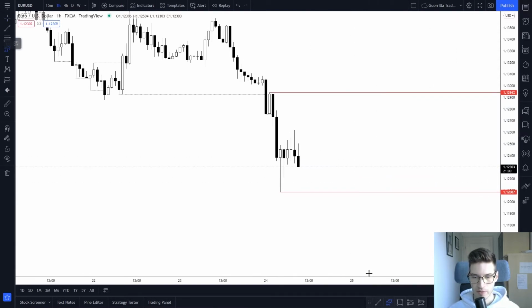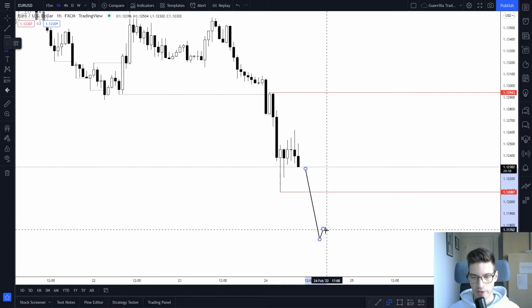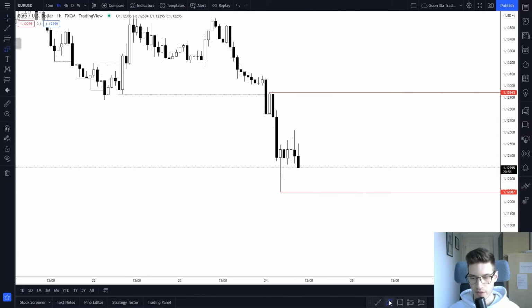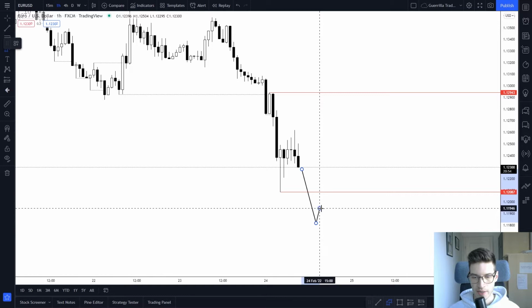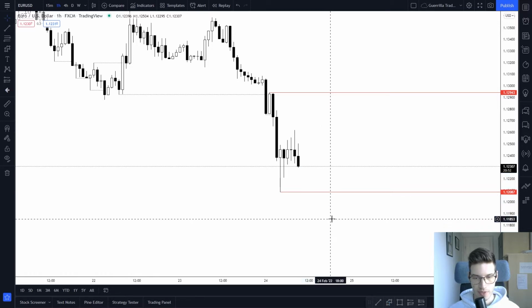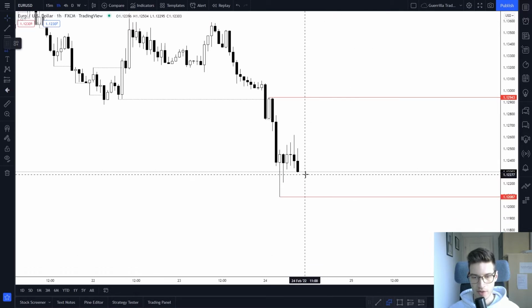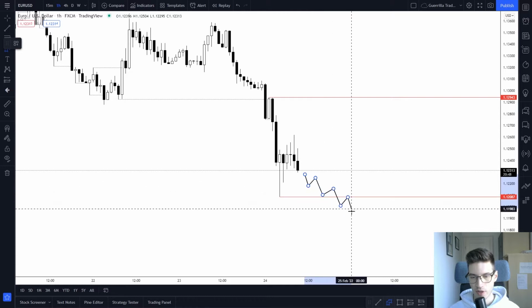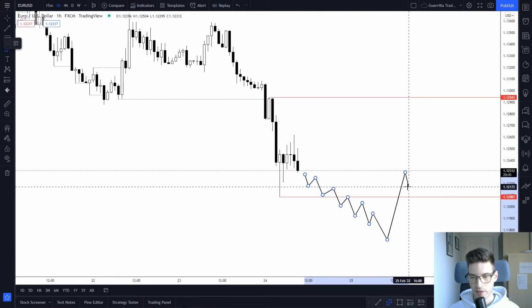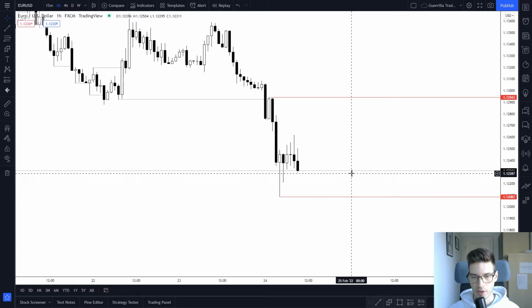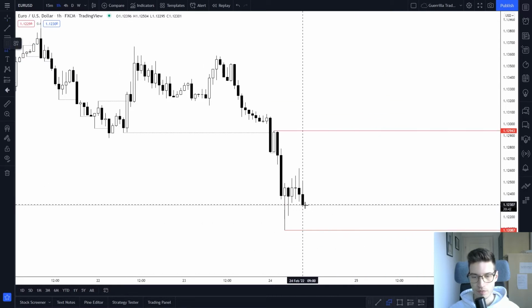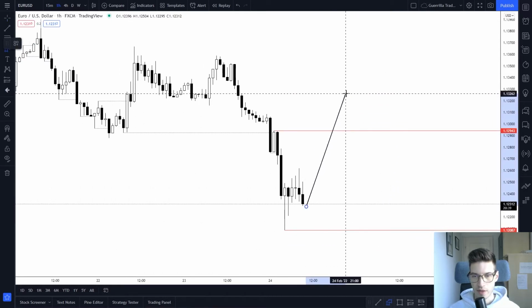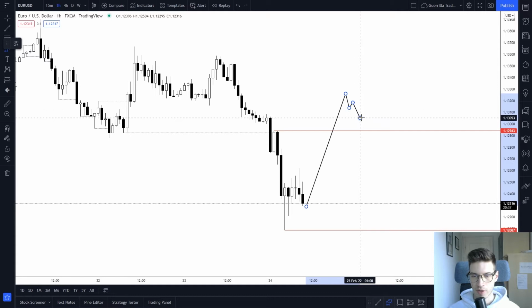If we continue down, I would definitely be looking for a trade, since then it is a trend. So looking for a flag or a break and retest trade, something like this. Or we can start to form a descending structure, then reverse to the upside and get a flag to the long side. Or we can get a nice large impulse up and then look for a trade long.